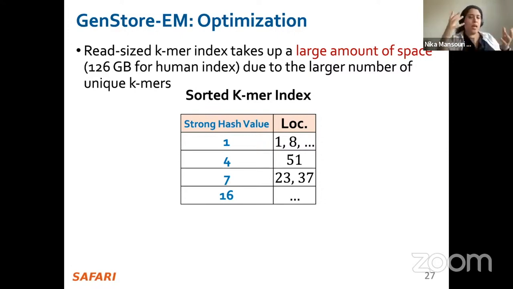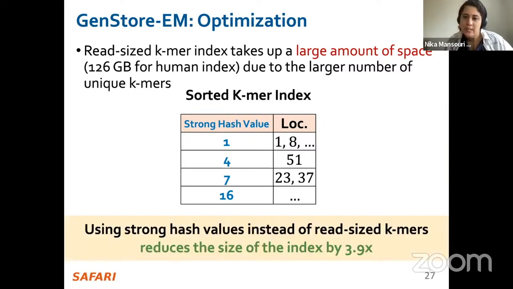Because now we don't sort the k-mers on their own, and we also do that for the reads too. So instead of having these strings as the sorting criterion, now we have these hash values, and that can also act as their fingerprint. So using strong hash values instead of the read-size k-mers reduces the size of the index by 3.9 times.